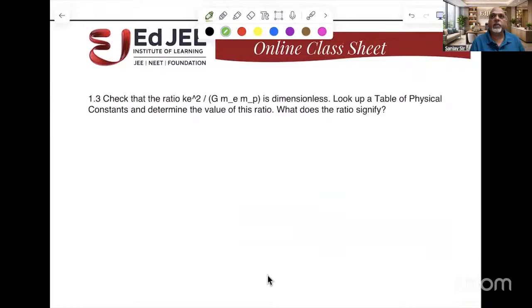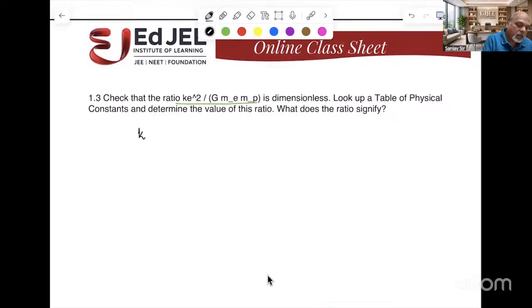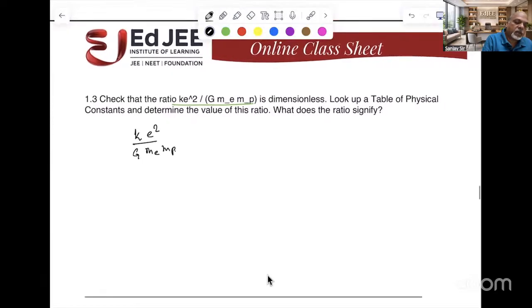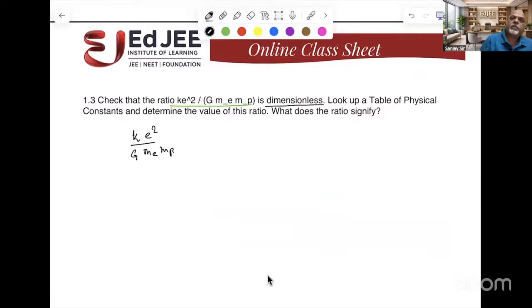Third problem says, check the ratio. So the ratio is this, K e square upon G m_e m_p, is dimensionless.